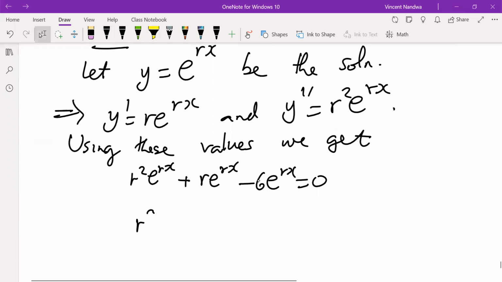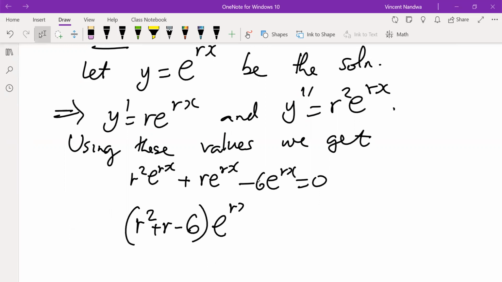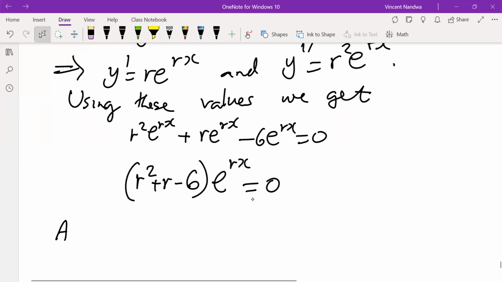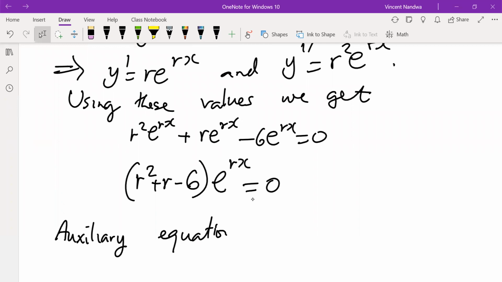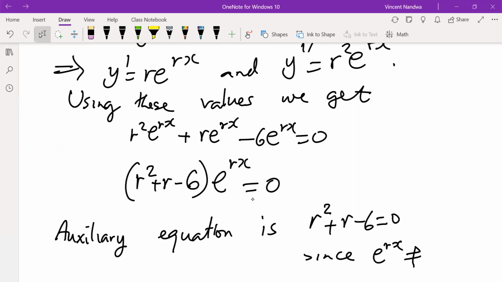So (r squared plus r minus 6) e raised power rx is 0. So the auxiliary equation is r squared plus r minus 6 equals 0, since the exponential can never be 0.